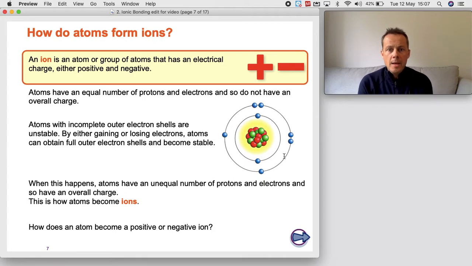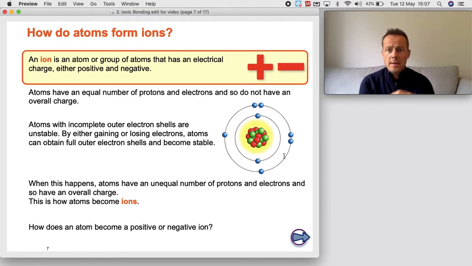Now, the element will do something to become stable. There are 2 things it could do to become stable. It could lose 6 electrons and lose that shell completely and go down to that first shell, and there would then be 2 electrons in the outer shell and it would need to lose 6 electrons. Or it could gain 2 electrons.